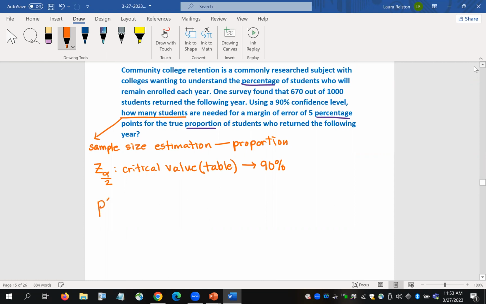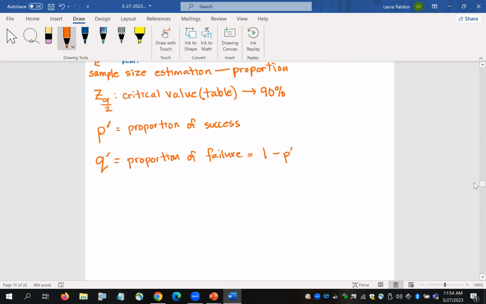I need P prime, which is my proportion of success. Q prime is my proportion of failure. And remember, it's always equal to 1 minus P prime. And then I need my error bound proportion, which is your margin of error.